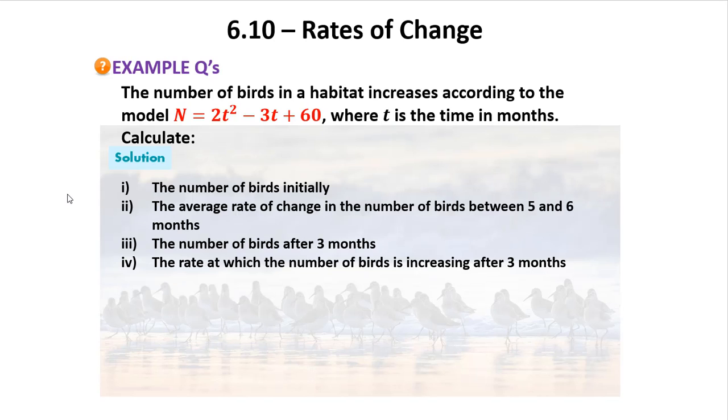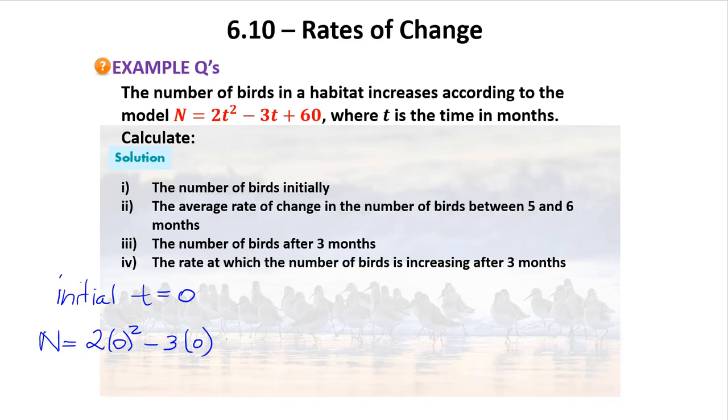So firstly, the number of birds initially. Well, the word initial in any of these questions is t equals 0. It's the start of the problem. And so if we substitute t equals 0 into the equation, we're going to get 2 times 0 squared minus 3 times 0.